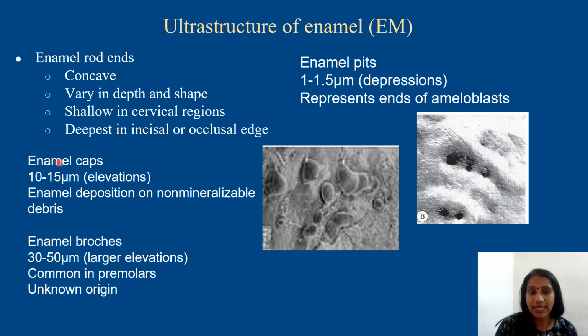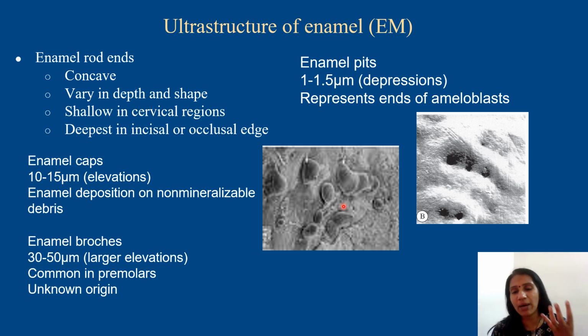Other things you can see are the enamel cap, which is an elevation seen on the surface of enamel. There are two types of elevation: enamel cap and enamel brooch. Both are elevations; the difference is in size. A brooch is a larger elevation, while a cap is a smaller elevation. Now how do you get deposits like a small cap on the surface?